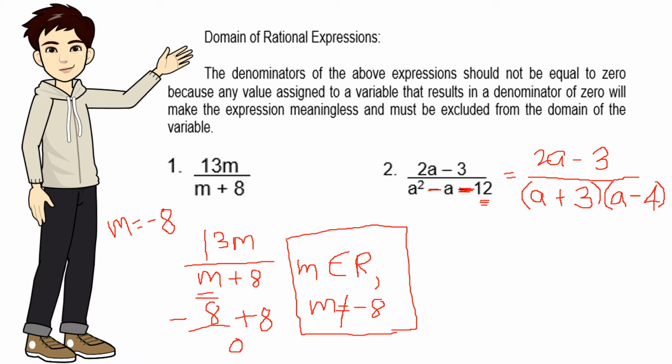Okay. So what is the value of a this time na magiging 0 ang value ng ating denominator? So for a plus 3, ang value ng a na pwedeng maging value niya para maging 0 is negative 3, since we have negative 3 plus 3 equals 0.